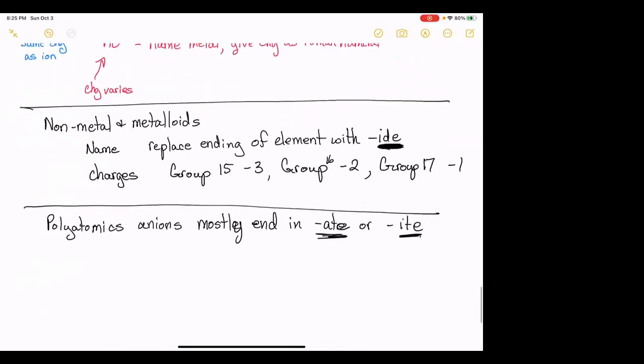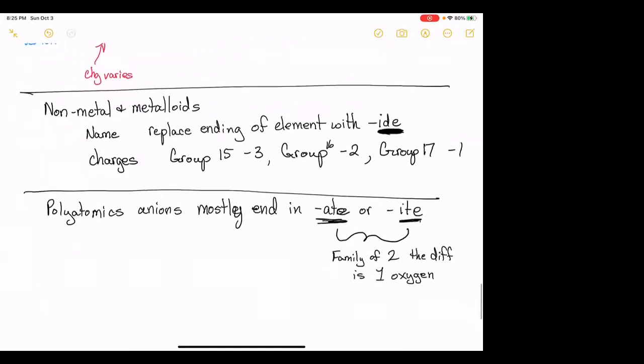Now, the difference from -ate to -ite in families of 2 is 1 oxygen. Technically, that's true for the family of 4 too, but family of 4s have a little bit more.